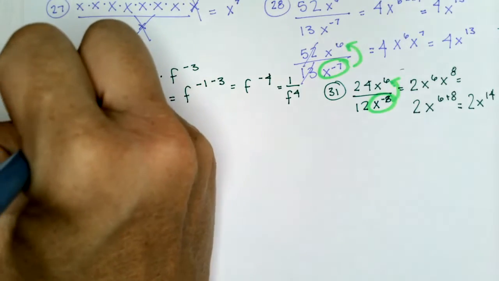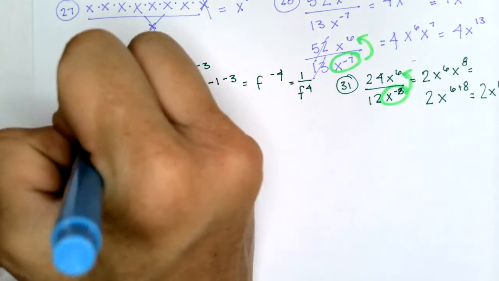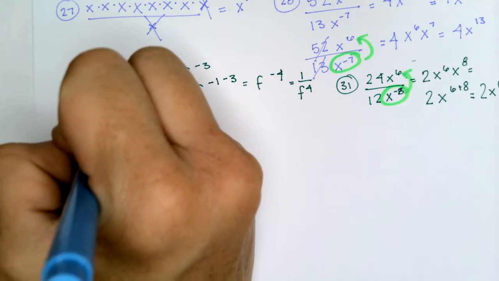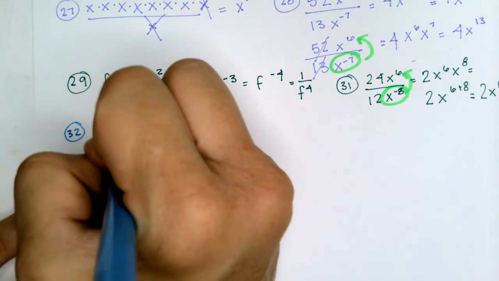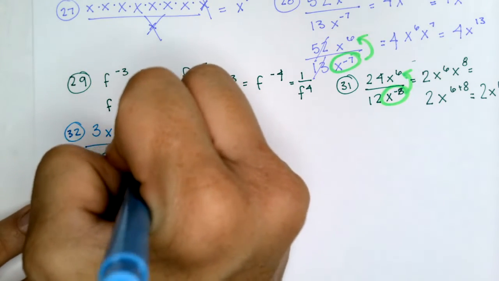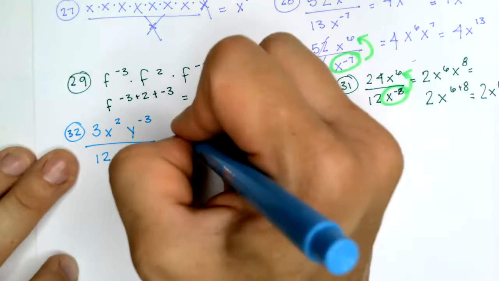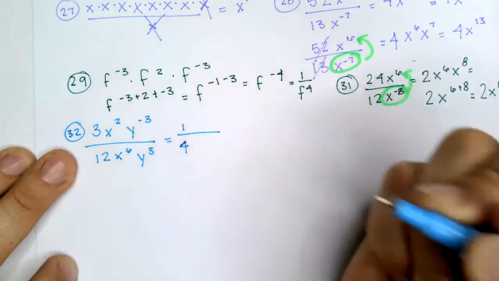32. 32 is 3x squared y to the negative 3 over 12x to the 6th y to the 3rd. 3 and 12 is the same as 1/4, right?